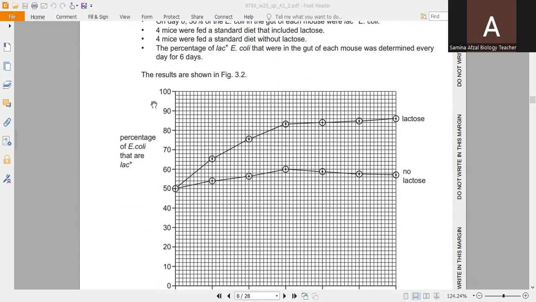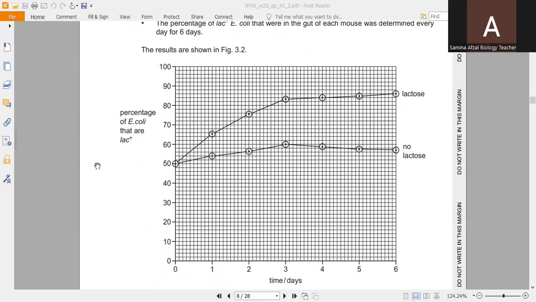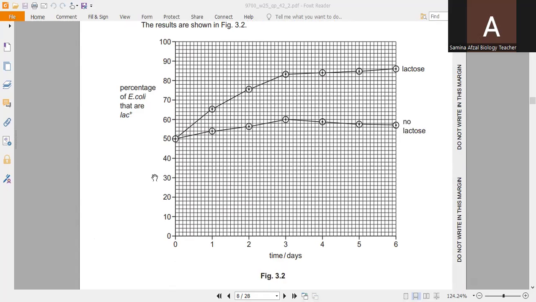Now you can compare these two curves, with lactose and without lactose. You can see it starts from 50%, and then with lactose shows a curve going above, and without lactose shows a curve which is only a little bit curved, not showing too much change even after many days. But with lactose, the percentage of E. coli is more in comparison to without lactose.